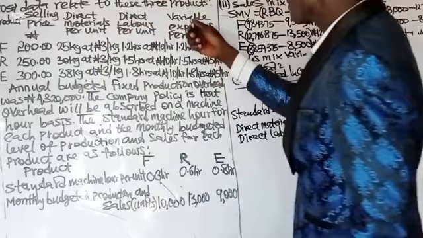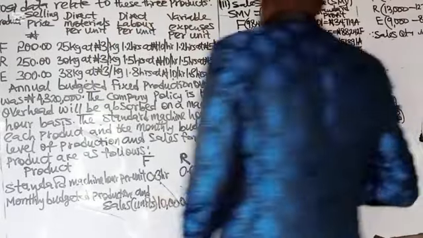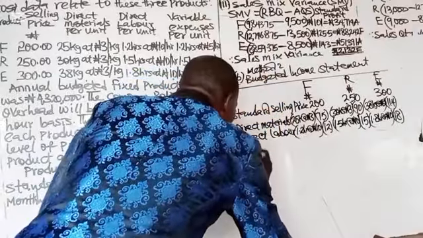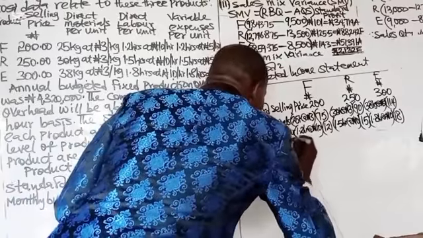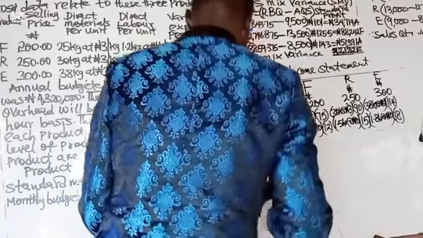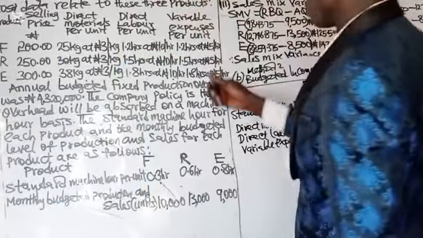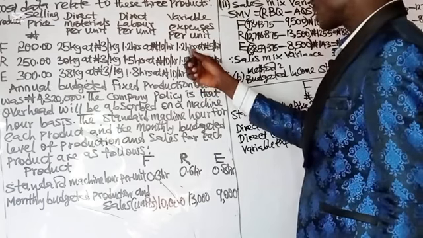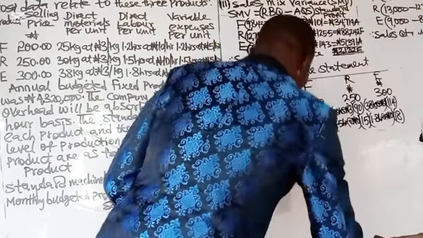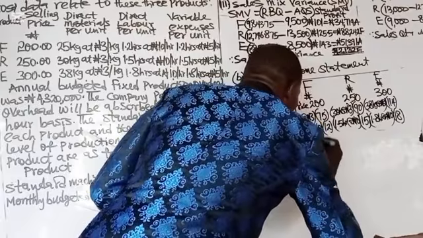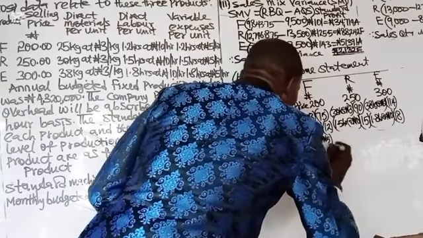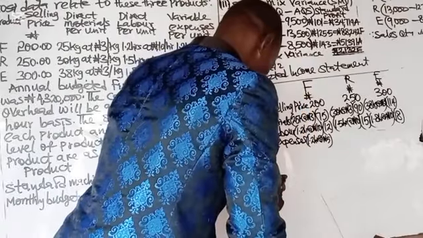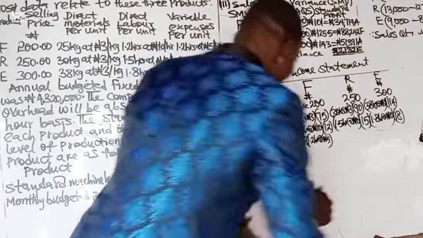Then we also have variable expenses, which include 1.2 hours at 5 naira. 1.2 times 5 gives us 6 naira.